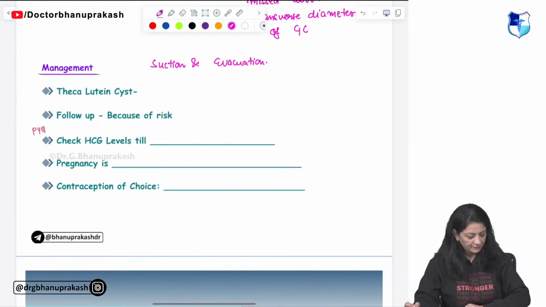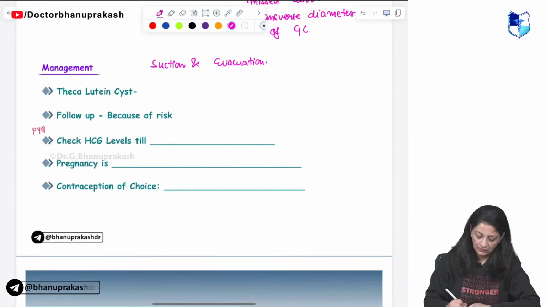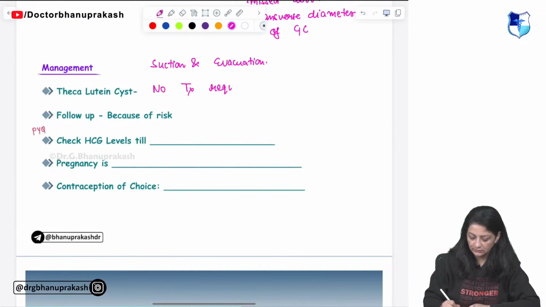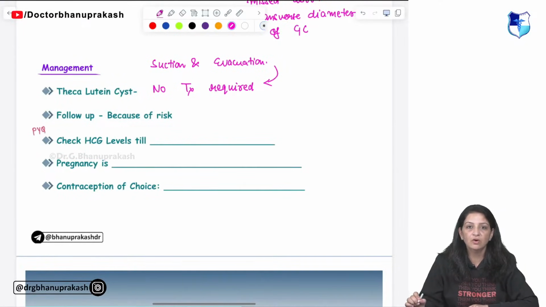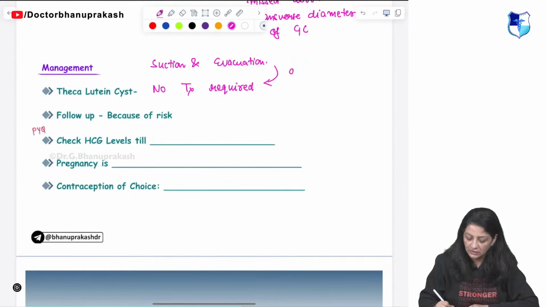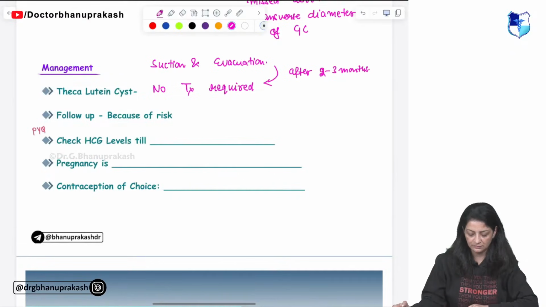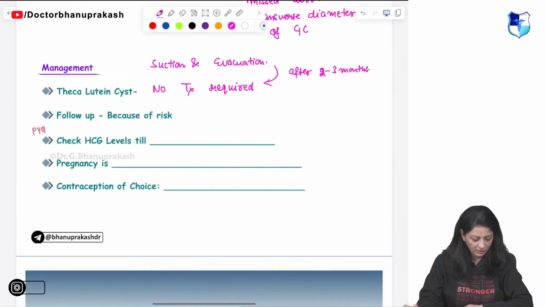What is the treatment? No treatment is required because after suction and evacuation, theca lutein cysts will resolve automatically after 2 to 3 months. No treatment required.